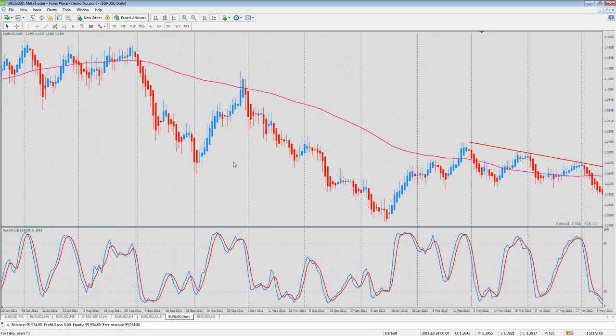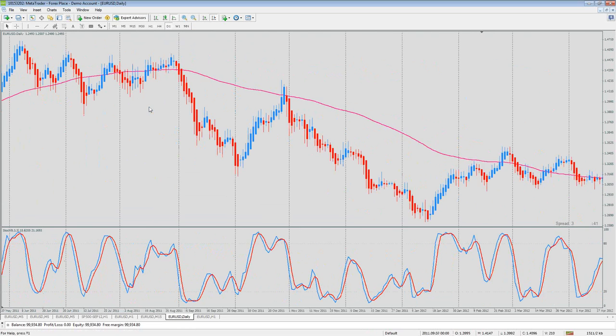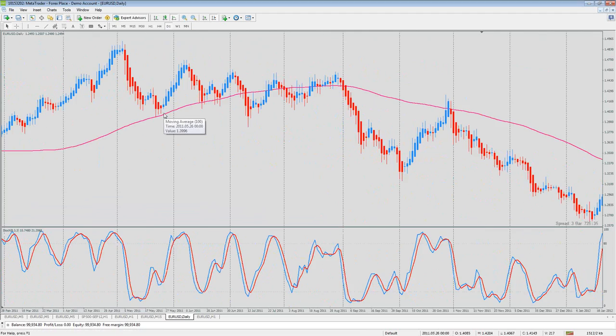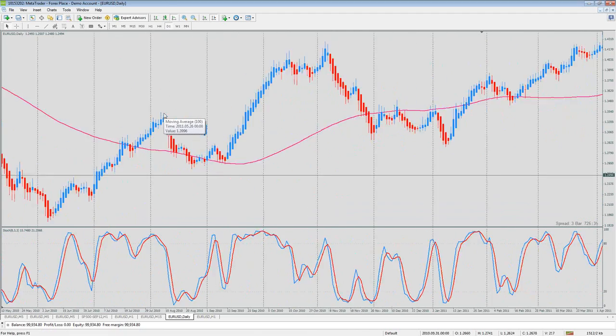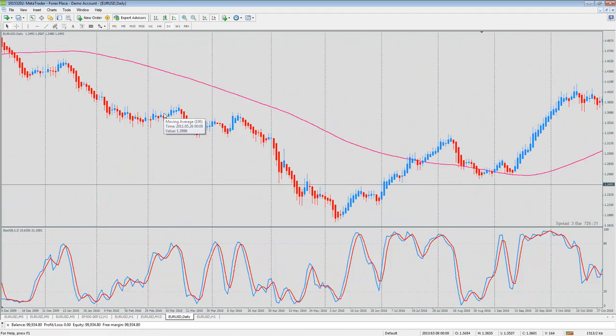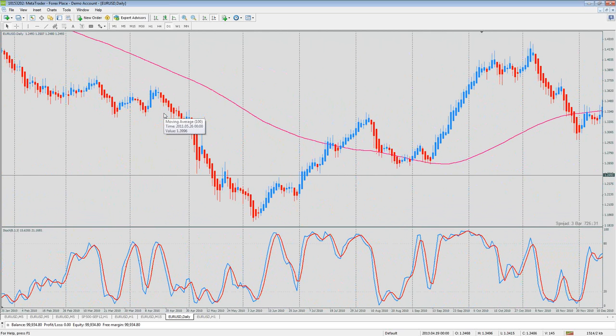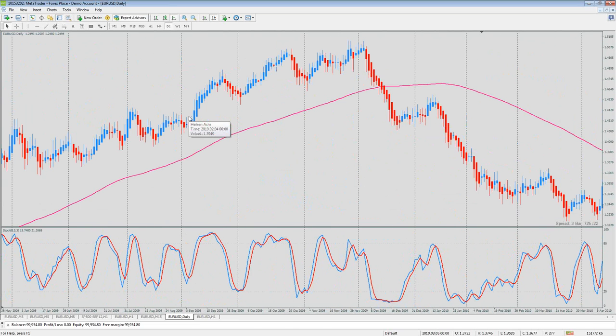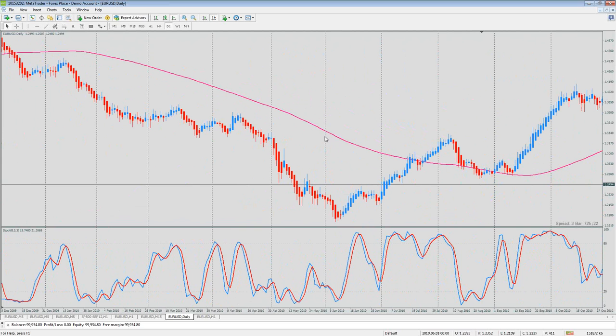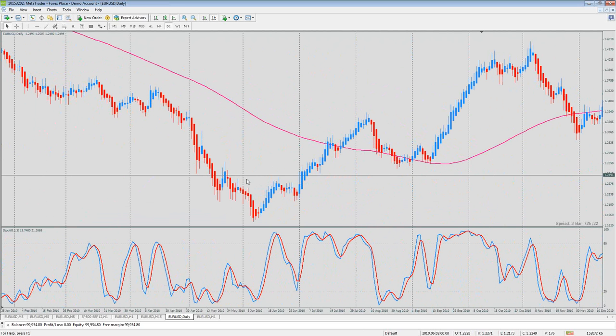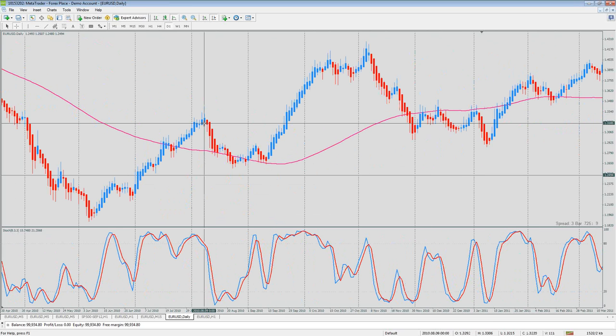Just to show you a little bit about the strength of divergences, I think on May 7th, 2010, was it the flash crash, or was it 2009? I think it was 2010, maybe in July.